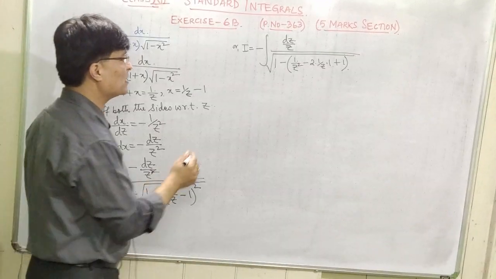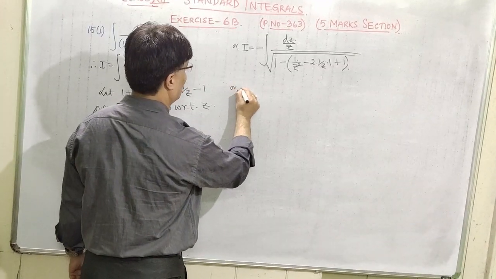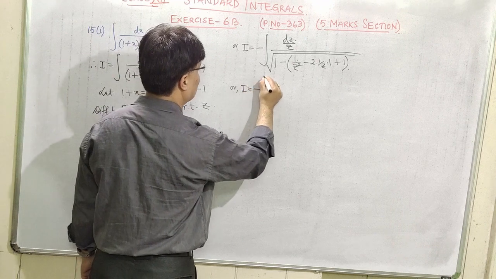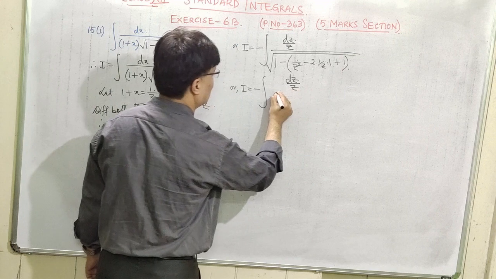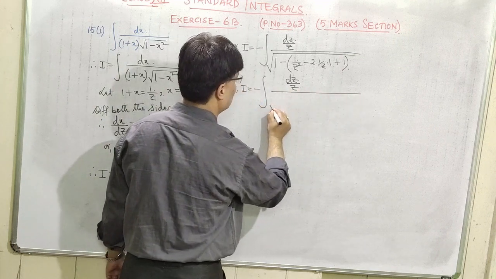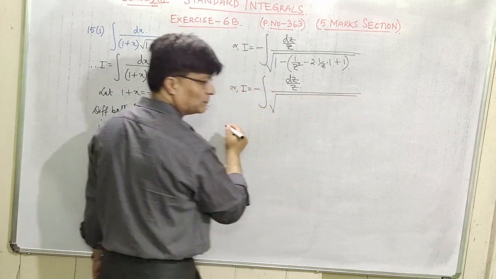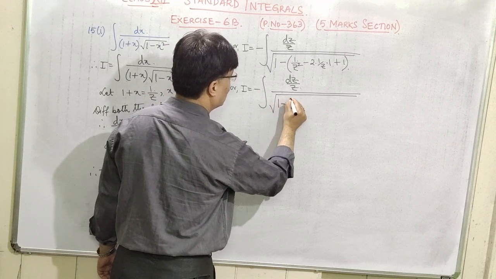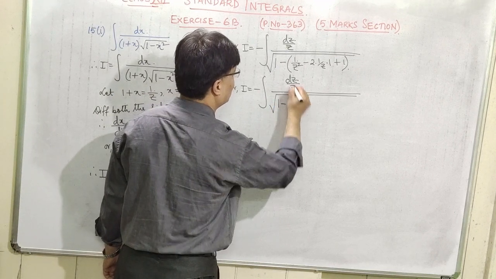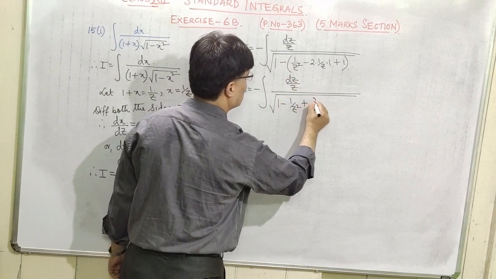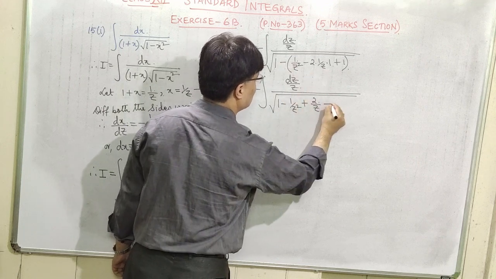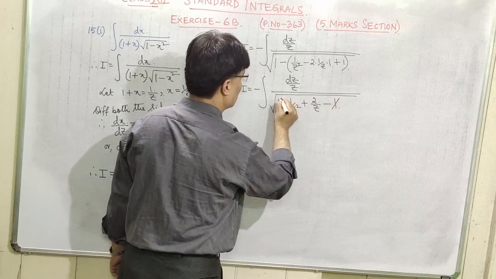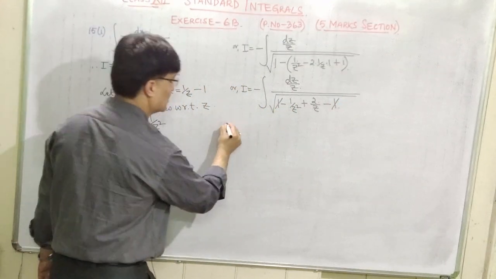Now let us simplify the expression in the square root. So I is equal to minus integration of dz upon z divided by, within the square root, let us simplify it: 1 minus 1 by z square, minus into minus plus, it is 2 by z, then plus into minus, minus 1. So here this 1 and 1 will be cancelled.